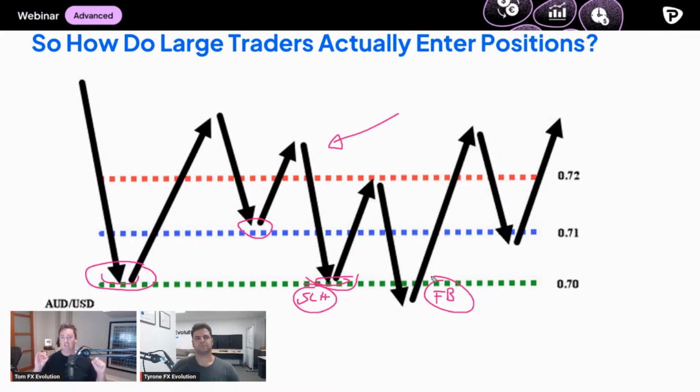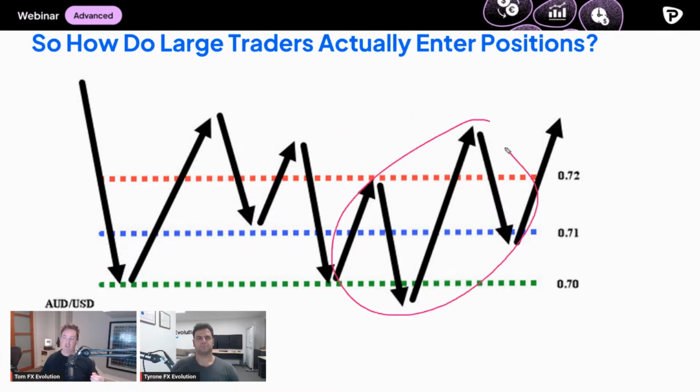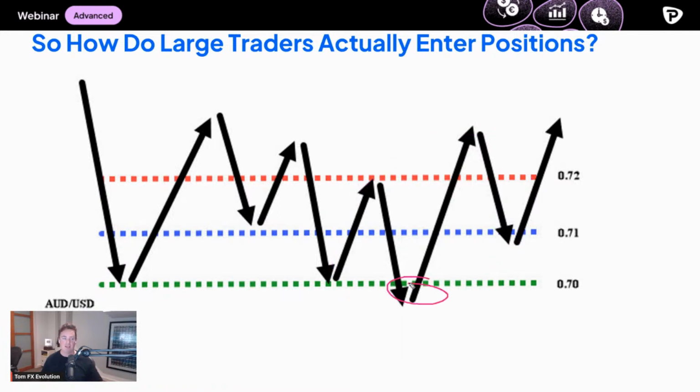And we can actually take advantage of this by being nimbler and faster than they are, because we can enter whenever we want, Ty, and we don't have to necessarily place billions of positions. There's a certain point in time, especially over here, which we'll talk about is one of our price action naked sequences, that we can say, we see what they're doing and get involved in markets like here or even here, can't we?